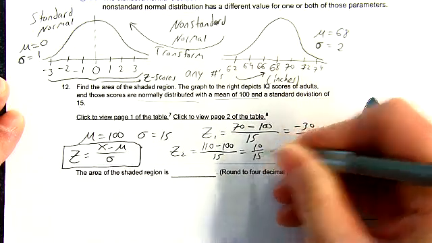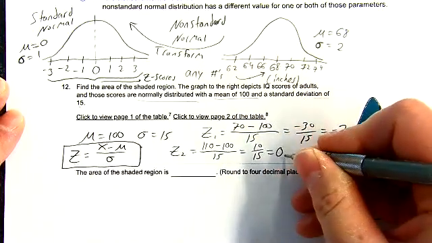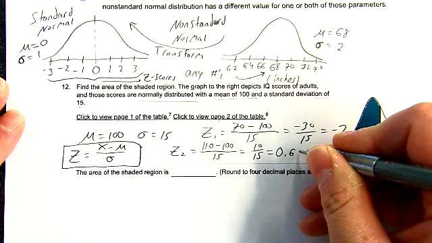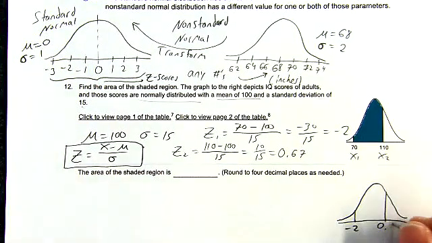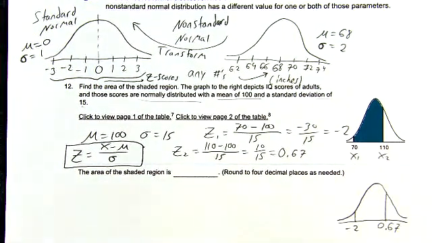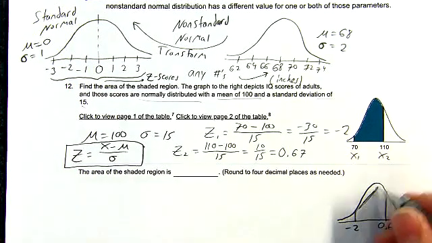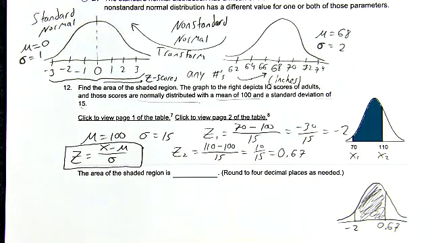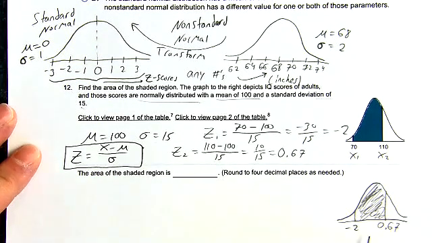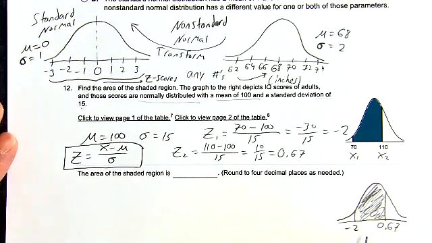This is 10 over 15, which is 0.67. So this would be 0.67. And we want the area between these two. So this goes back to what we worked on. So now this problem is no different than what we did in section 6.1.